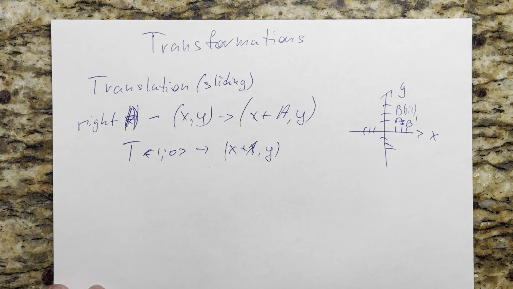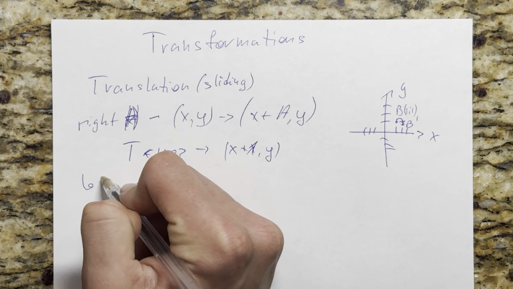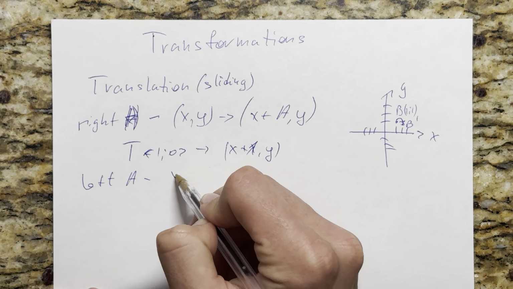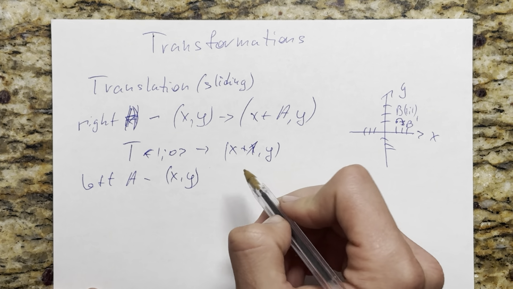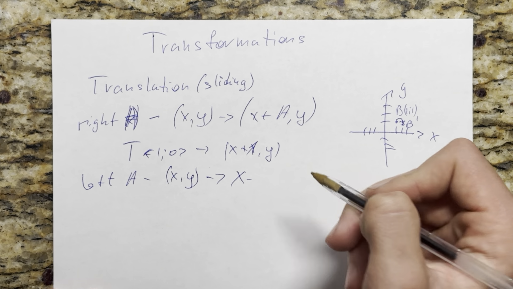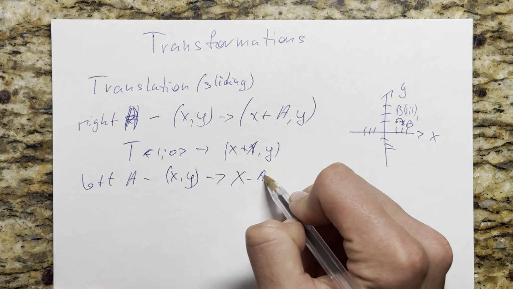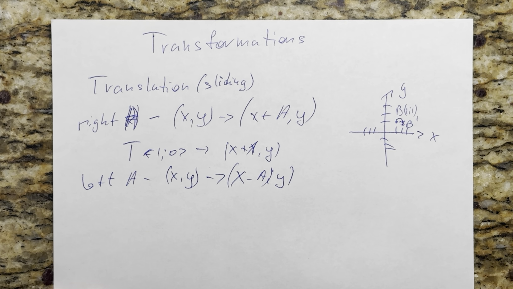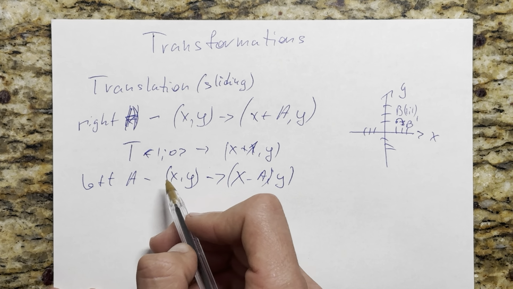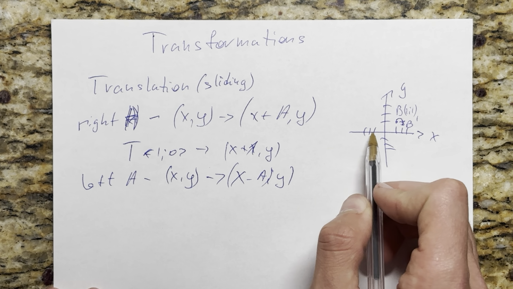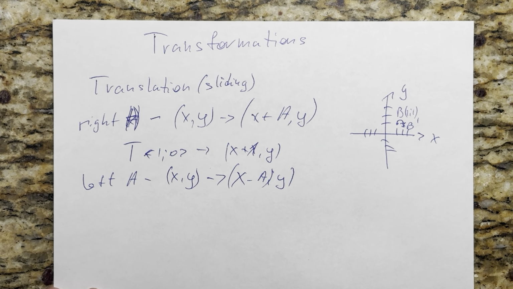And the same thing if you want to translate it to the left by a points from our original coordinates of the point. You'll have to subtract from the x the amount of points you want to move, and leave y by itself. Let's try this. So if we want to move something to the left, we'll have to subtract from the original point some points.